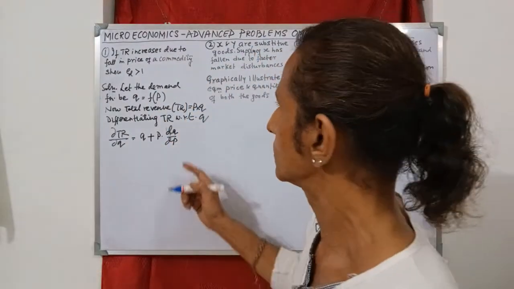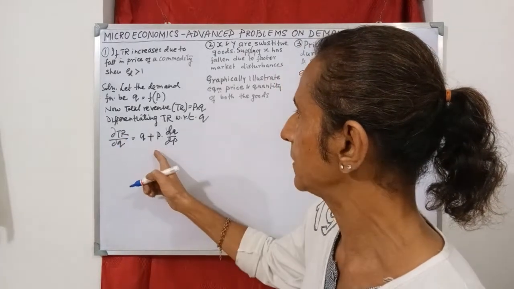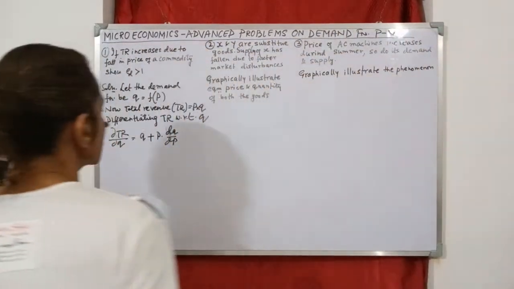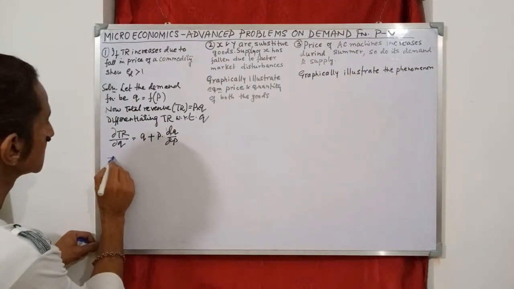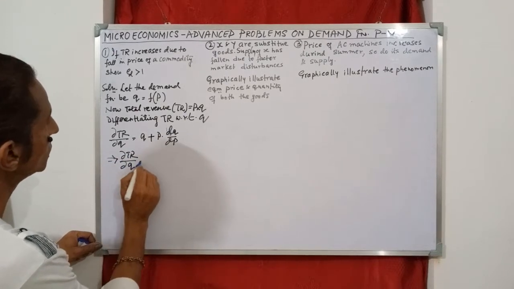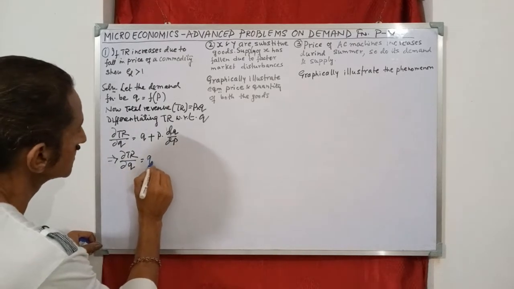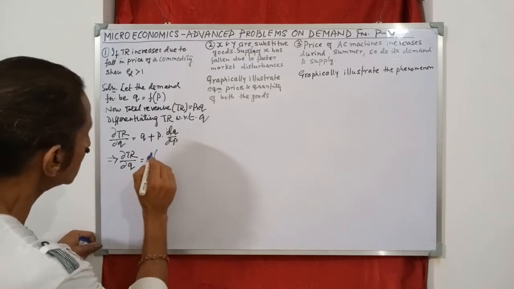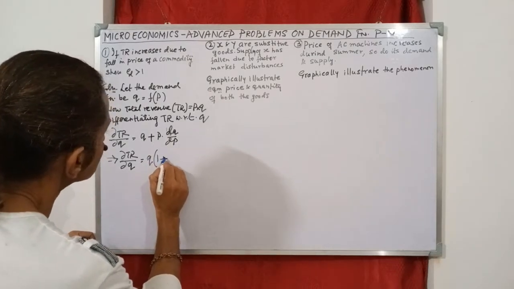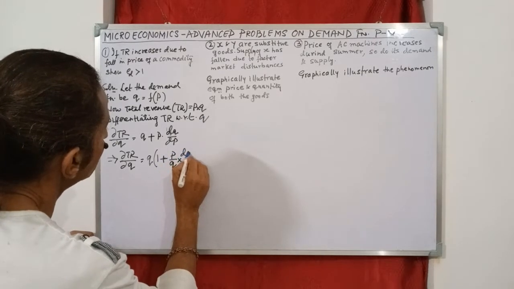TR equals to PQ, therefore del TR del Q equals to Q plus P dQ dP. This means del TR del Q equals to, we take Q as common, so Q multiplied by, within bracket, 1 plus P by Q into dQ dP.